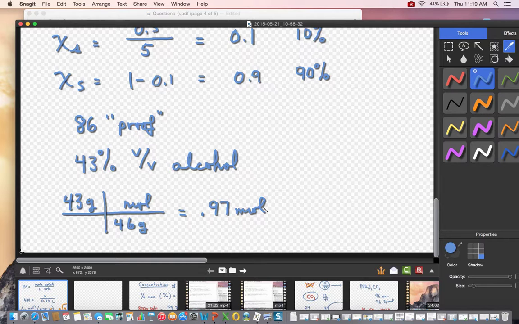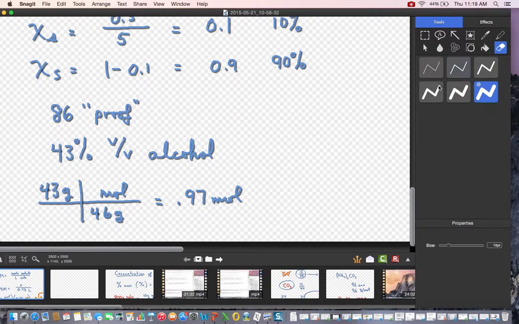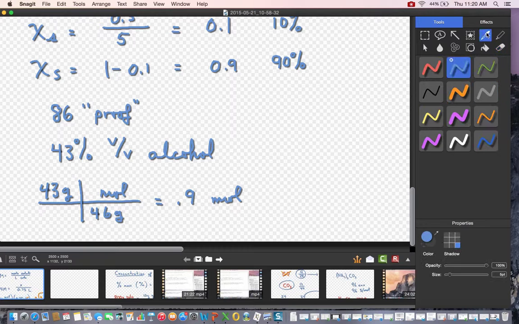And actually, it's not 0.97, it's 0.935. So let's fix that. 0.935 moles of ethanol, which means I have 57 grams of water.